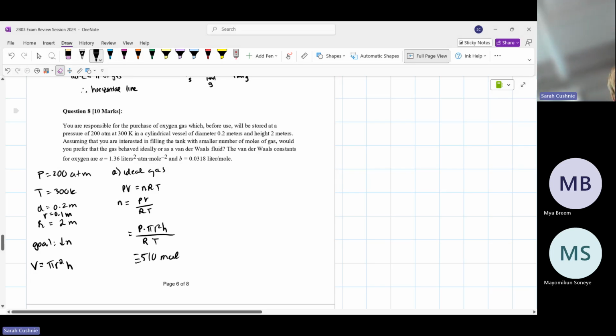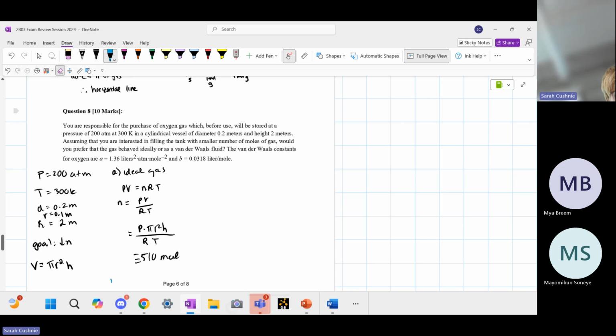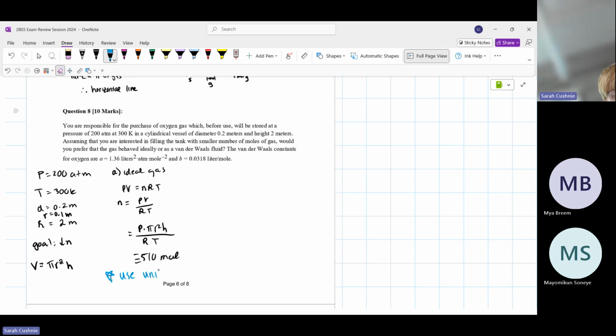The trick here is to make sure that your units work out. Use unit analysis. So what I mean by using unit analysis is, let's say we put this over to the side and we're going to end up with atmospheres times meters squared times meters, because that's P r squared h, all divided by Kelvin, and then the gas constant.